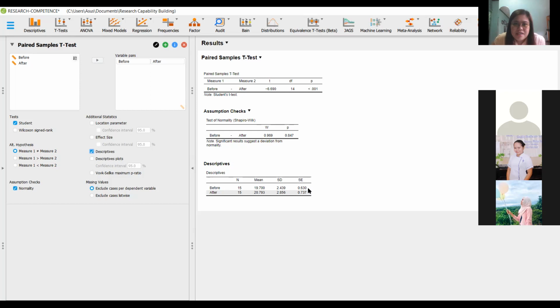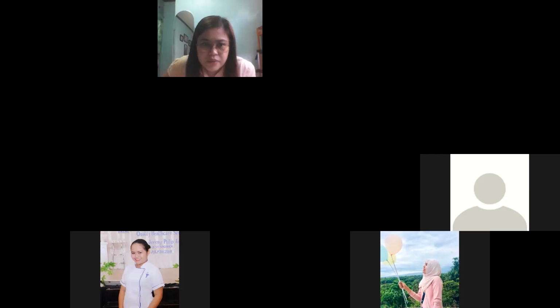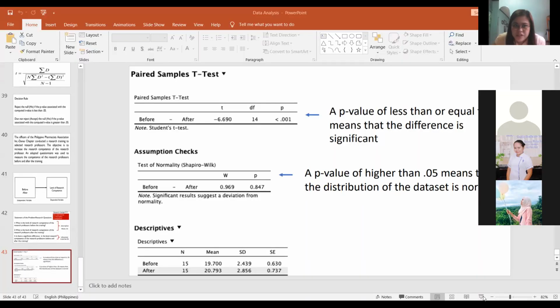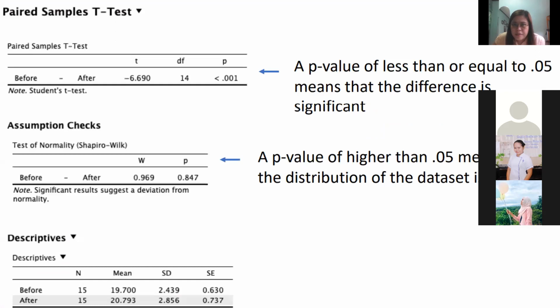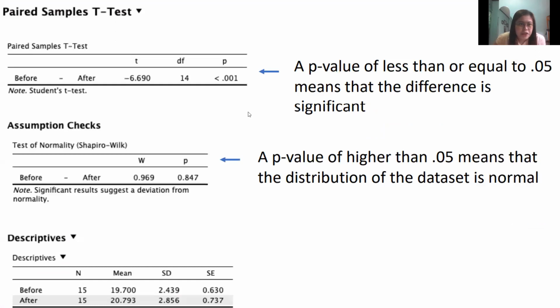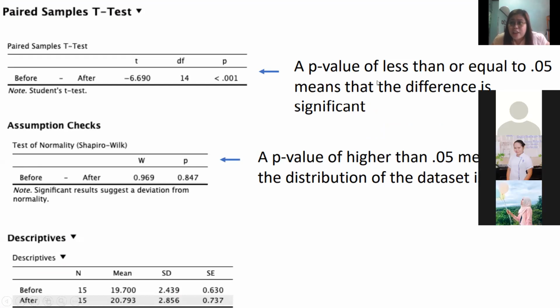What about the assumption? Check. Let's go back to how you interpret that assumption. You already know the p-value. But in the assumption check, class, take note, a p-value higher than 0.05 means that the distribution is normal.